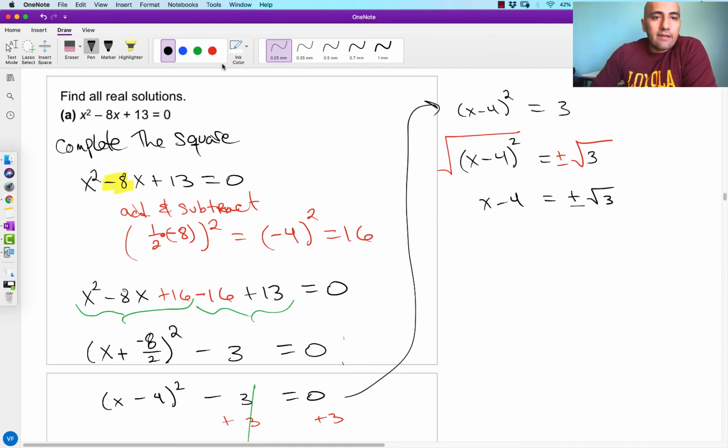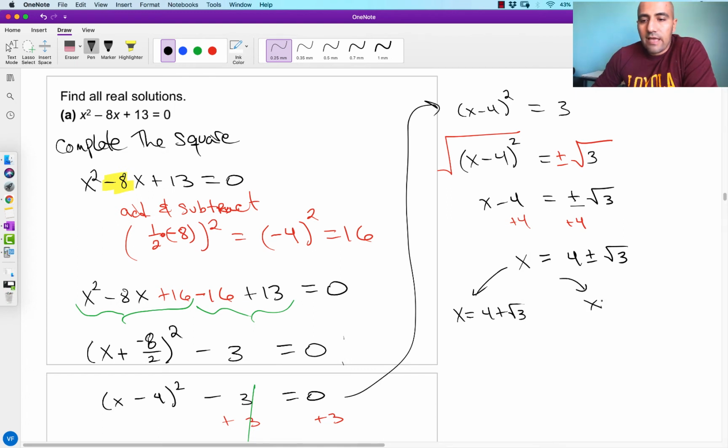And finally, I add 4 to both sides, and I end up with x equals 4 plus or minus √3. Right, so this is again a shortcut for two possible answers. x equals 4 plus √3 is one answer, and the other answer is x equals 4 minus √3.